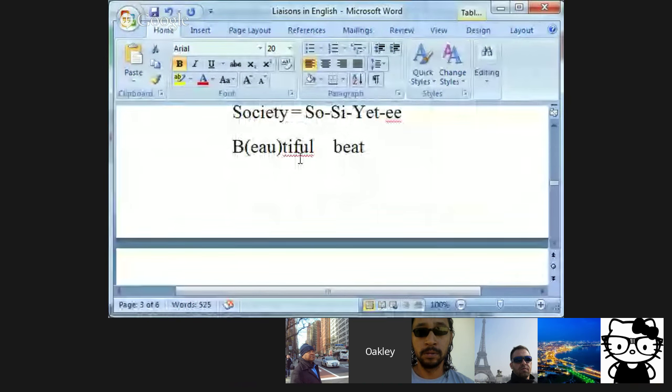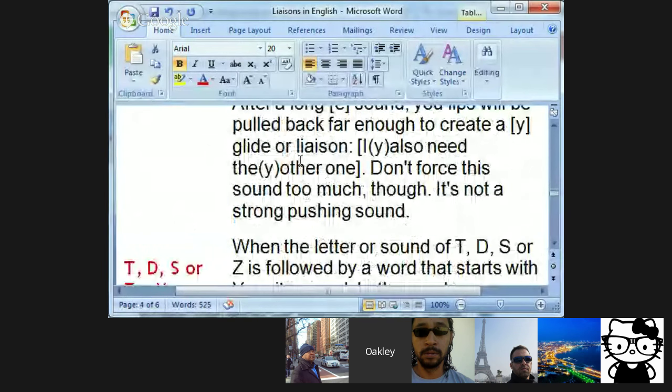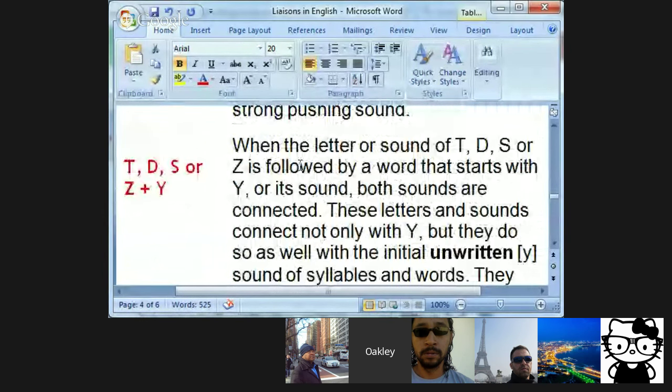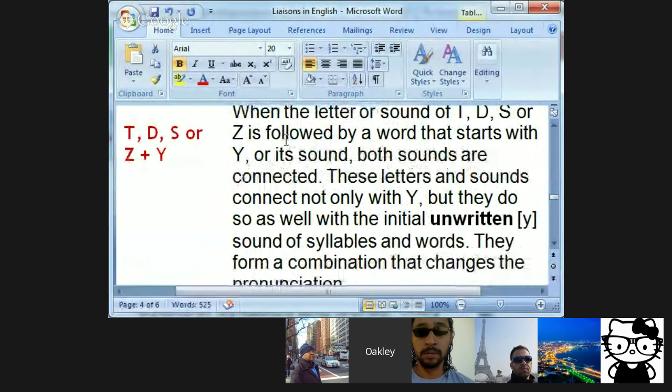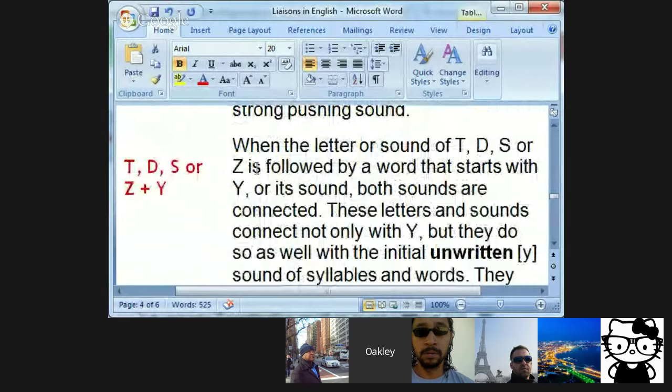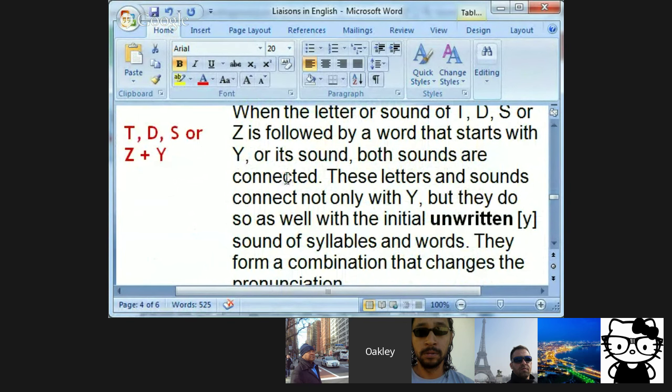Let's look at some more liaisons. Let's see if we can zip through some. We'll definitely be looking at these very strong liaisons much more closely in classes coming up this week. But here's some others which change the sound dramatically.